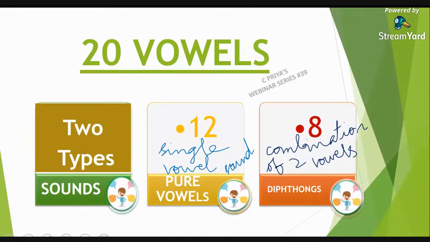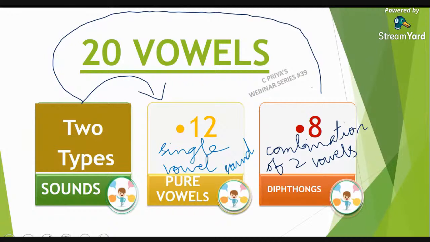We know that A, E, I, O, U produce 12 sounds, and the same A, E, I, O, U, if they are combined, produce another 8 different sounds. We call them pure vowels for a single vowel sound, and the 8 are called diphthongs. Diphthongs are nothing but a combination of two different vowels. You can take a screenshot here.